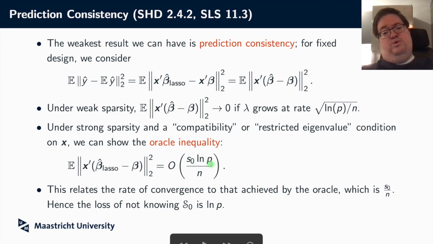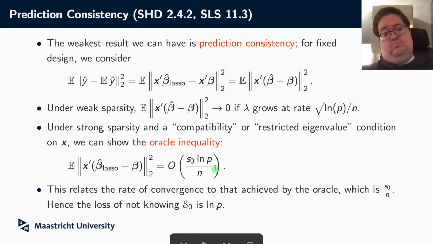So what we are doing worse than the oracle is this factor log p here. The loss of not knowing S0 but using the lasso instead is log p. And this is actually a remarkable result if you think about it. The oracle, which has all the knowledge about the relevant variables, only does a tiny bit better than we do, because the logarithm of p is going to be something very small.